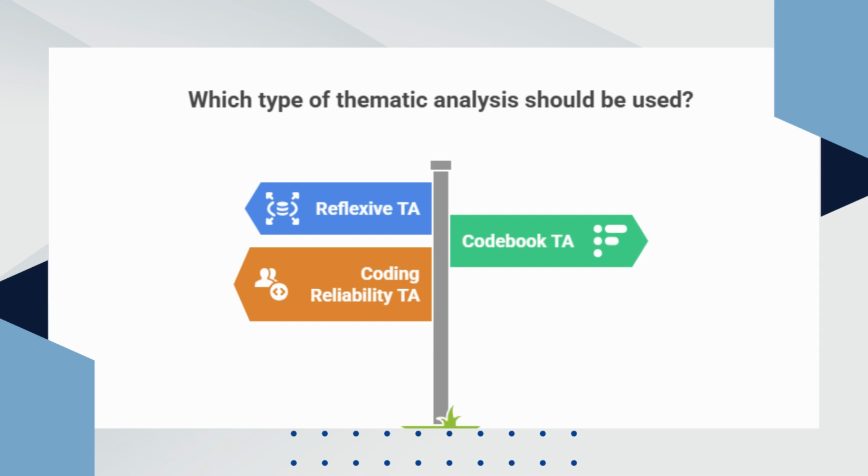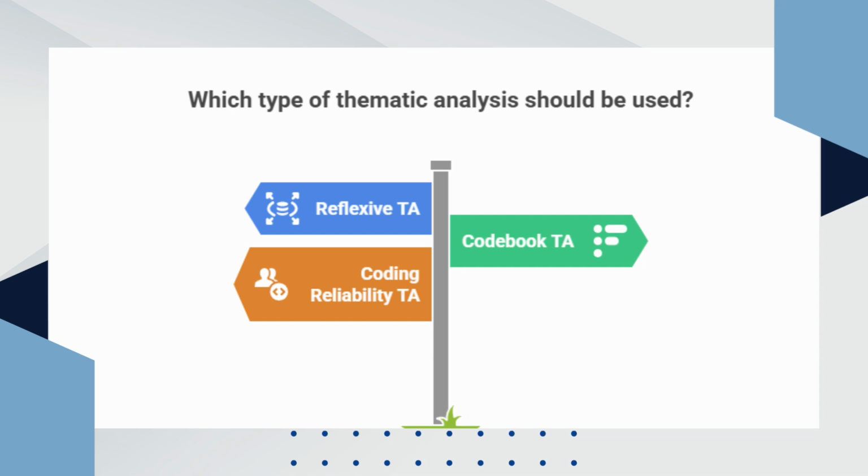Second is codebook thematic analysis. Here the researcher team develops a structured codebook, a set of predefined codes and definitions which all team members use consistently. So it is used when the research project is team-based, where multiple researchers are analyzing large amounts of data in cross-country or multi-site studies where consistency is crucial.